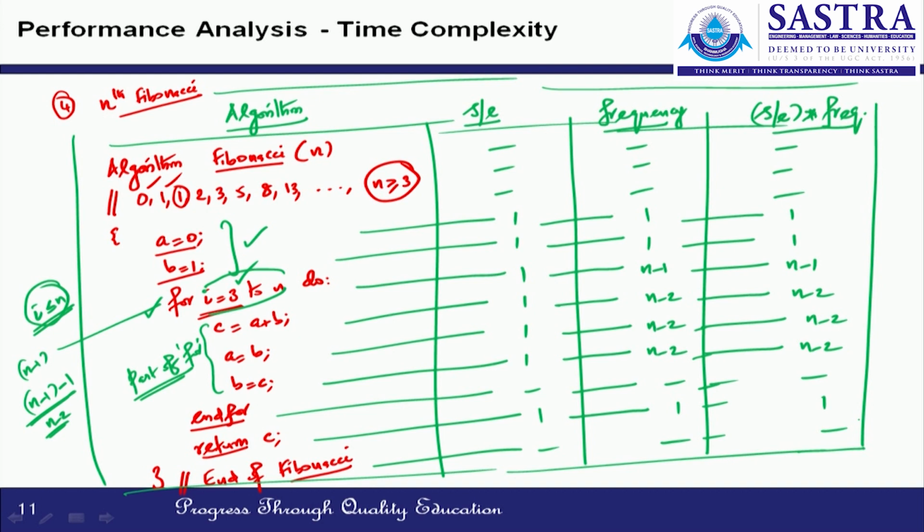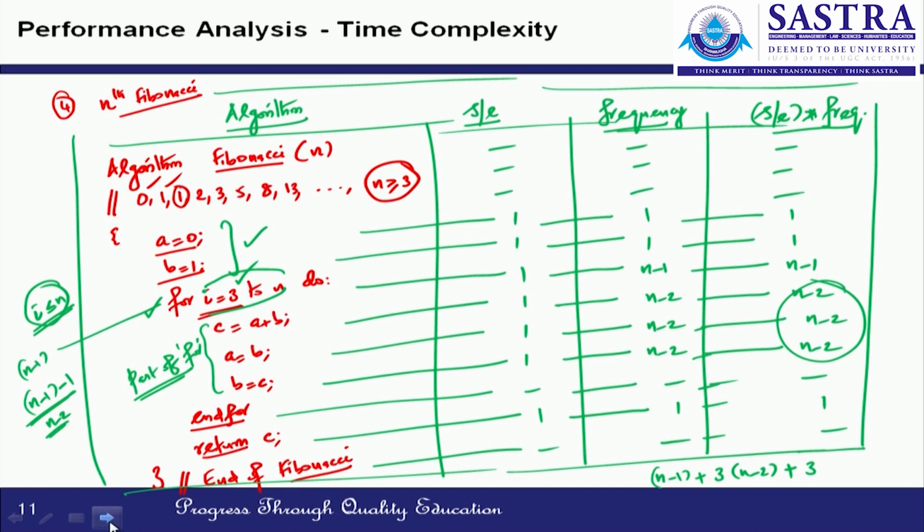So the last column is constructed as the product of steps per execution and frequency. Finding the sum, we have 1 plus 1, 1, 2, 3, this is n minus 1 plus thrice n minus 2, 3 into n minus 2, plus 1, 1, 1, 3.